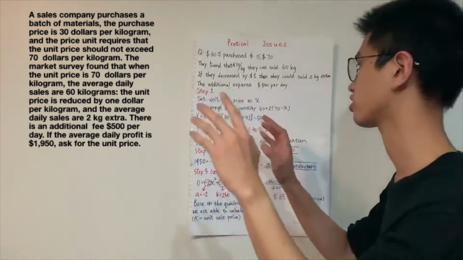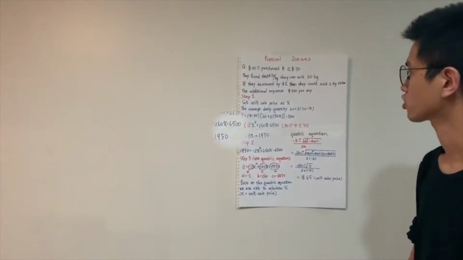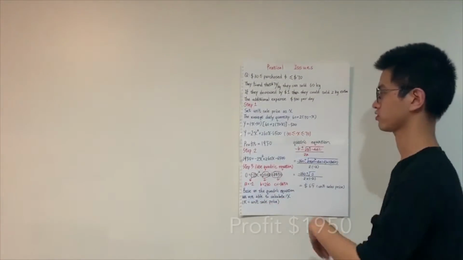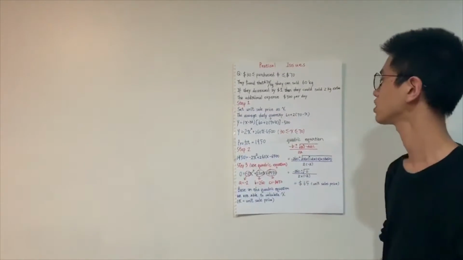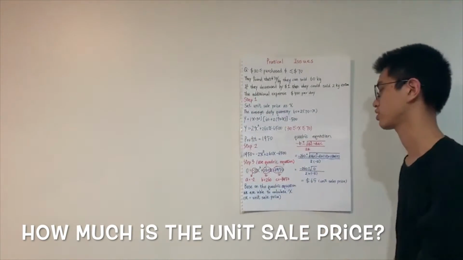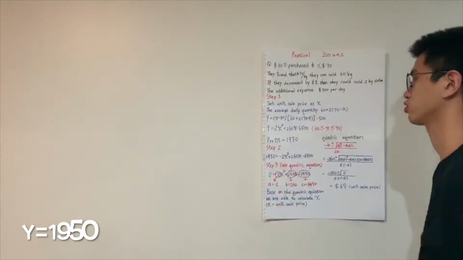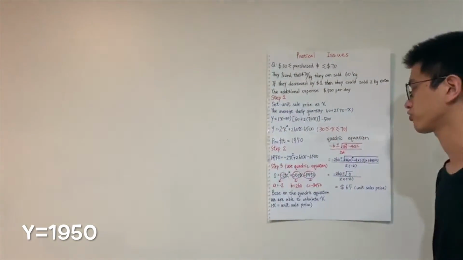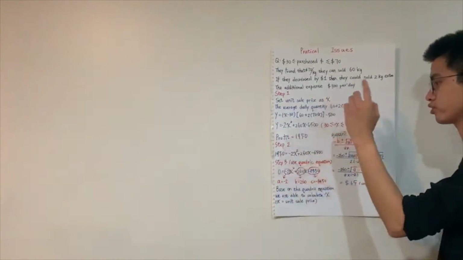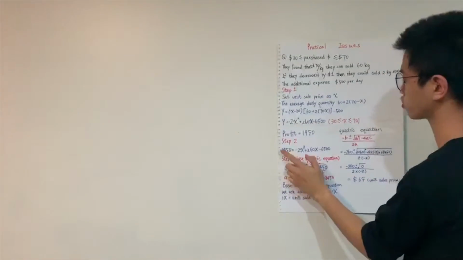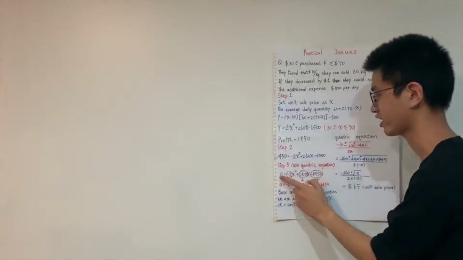Then I will expand all the brackets to give this function. The question asks, if they want to make a profit of 1,950, what should the unit sale price be? So that means Y is equal to 1,950. So I got this function. Then I move this real number to the right-hand side and get this function.